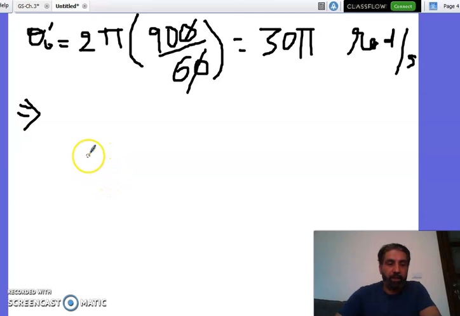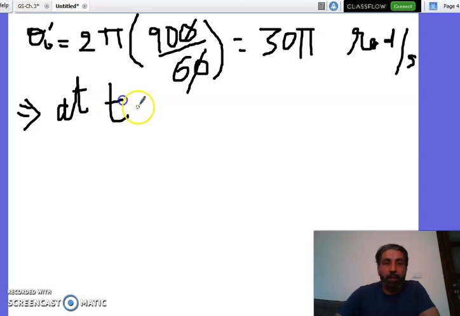Now if you replace, then you get the moment of the breaking couple. But wait a minute, at t equal 5 seconds, what happened to the disk?